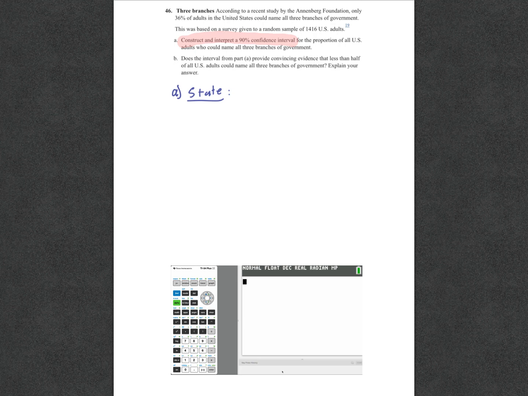Okay, so first thing is just stating the confidence level and the parameter. They told us this was a 90% confidence interval for P, which equals the true proportion of U.S. adults who can name all three branches of government.